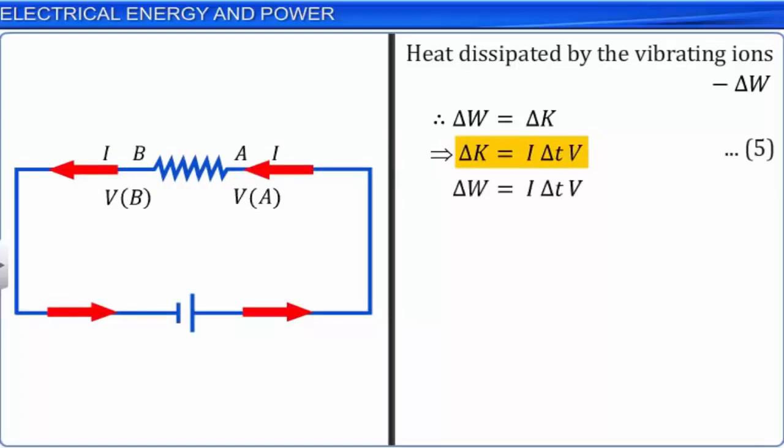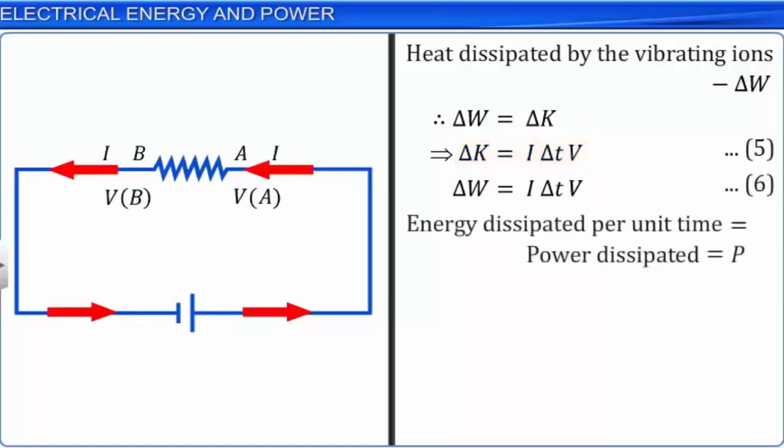Let this be equation 6. The energy dissipated per unit time is termed as the power dissipated and is represented by P. Therefore, we can write P is equal to delta W by delta T.